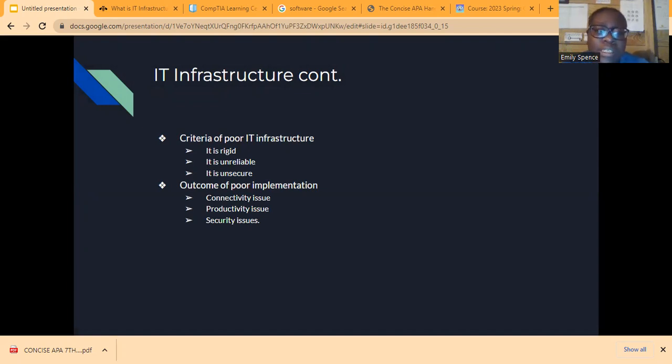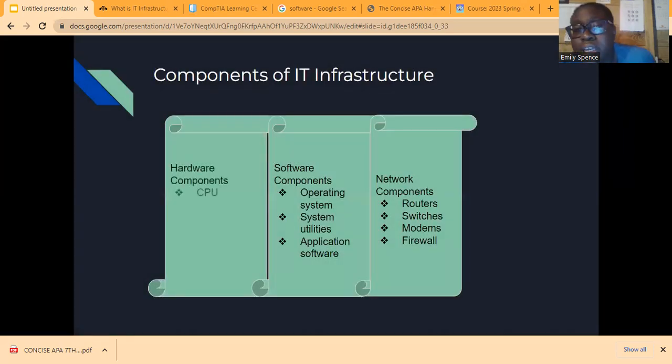Improper implementation can lead to connectivity, productivity, and security issues, which will result in disruption to operation and possible security breaches. The infrastructure components fall into two major categories: hardware and software components.